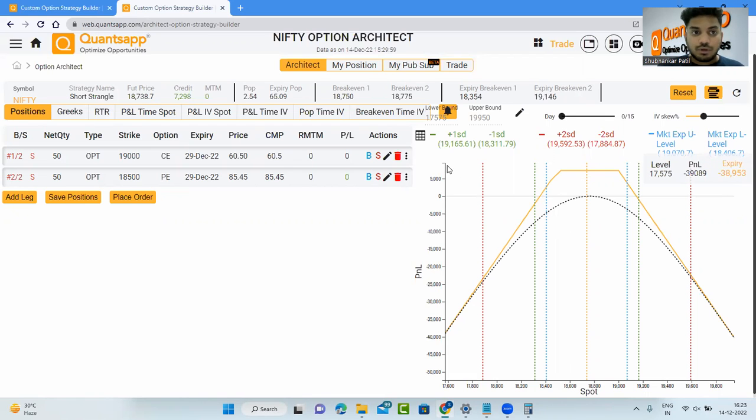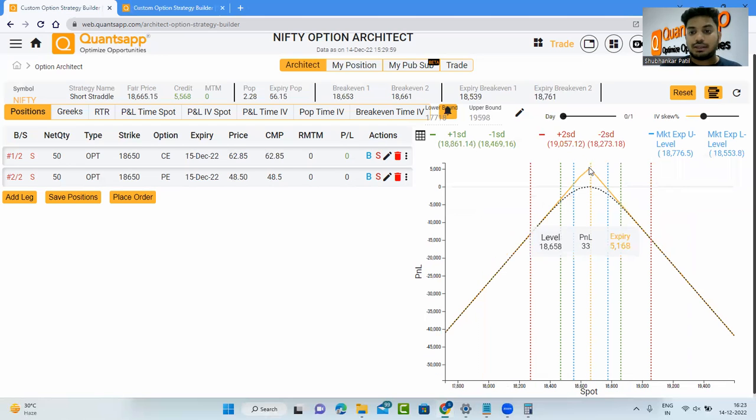Another thing is, with the straddle, see that there is a mountain peak getting formed. So if there is a big move which comes in the market in 1 or 2 days, and you have deployed a straddle, it is not giving you enough width, right?